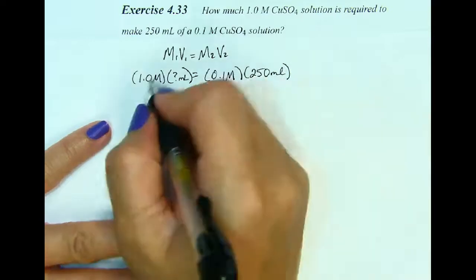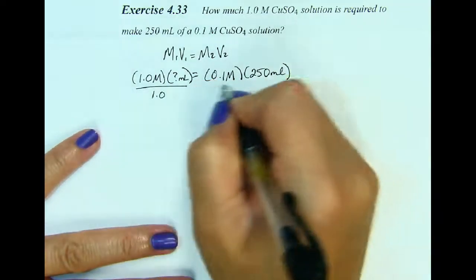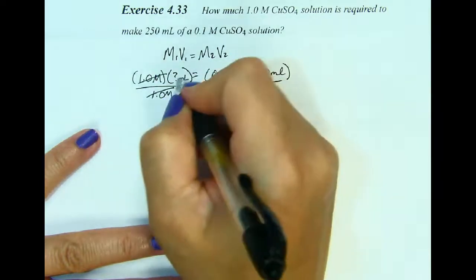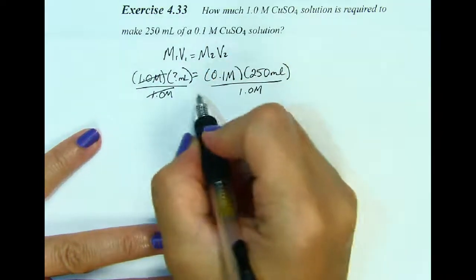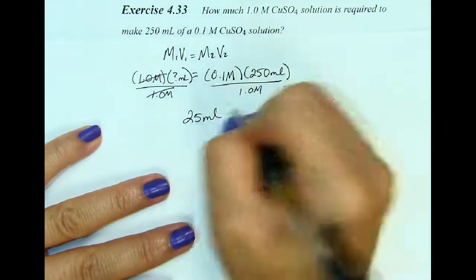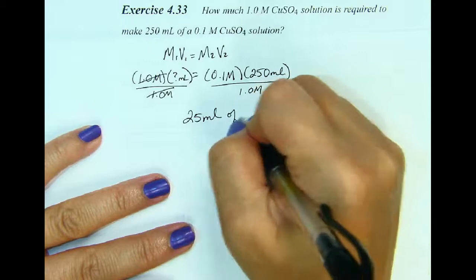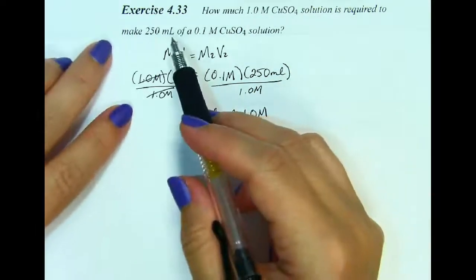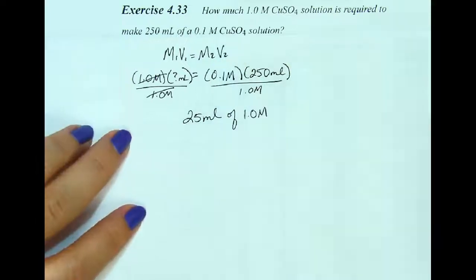So to solve this, I'm going to divide both sides by 1.0 molar. We get a volume of 25 milliliters of the 1.0 molar solution is what would be required in order to make this dilution.